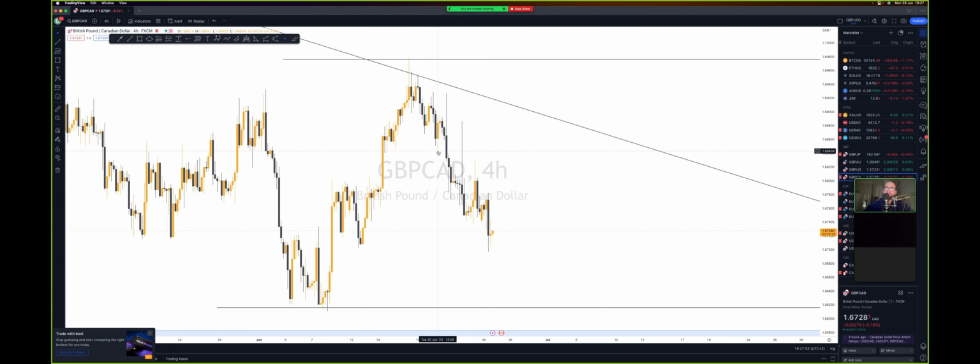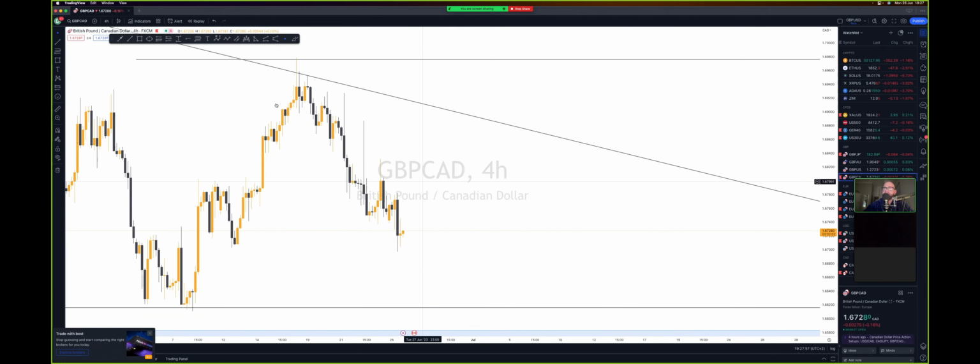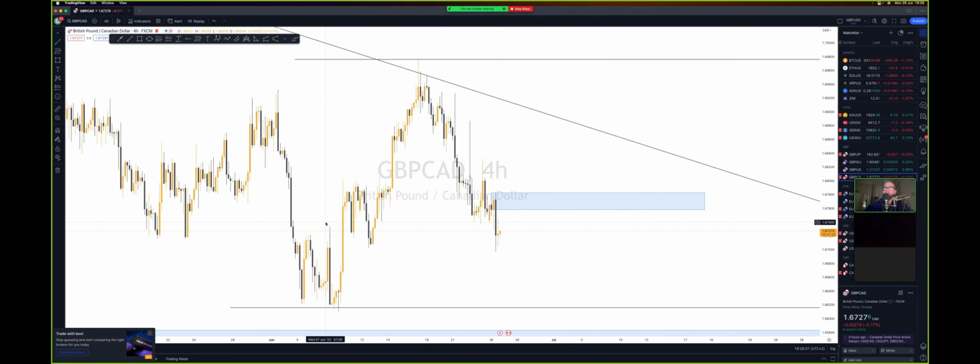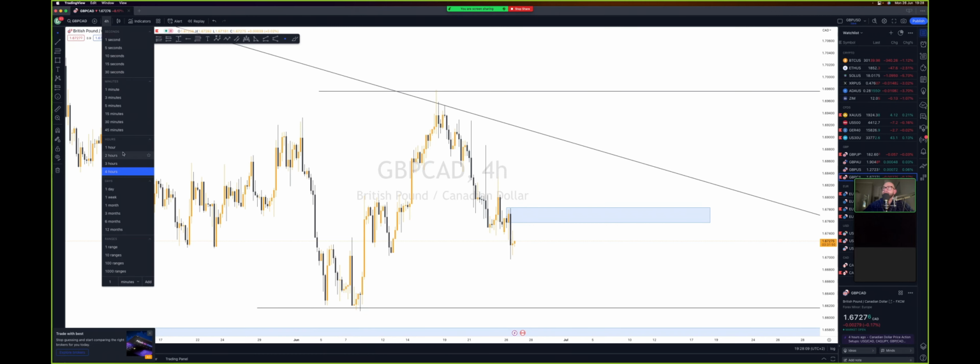Structure shifting downside, taking out lows. Looking at GBP CAD. Potential sell area is something like this on the 4 hour. Let's do this. There we go. And then just going to refine that.